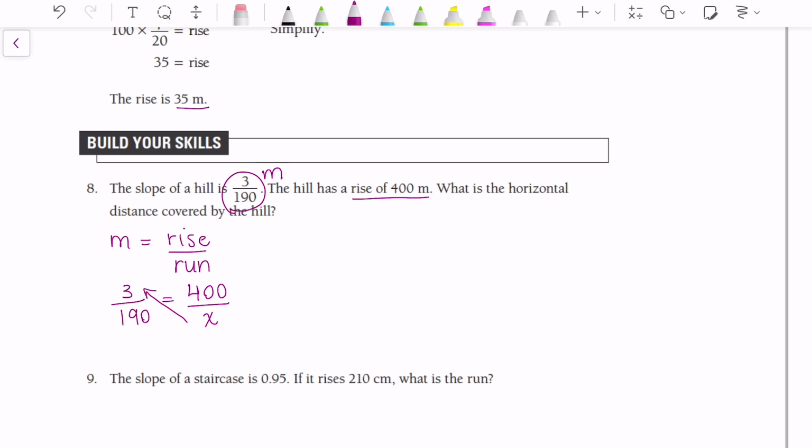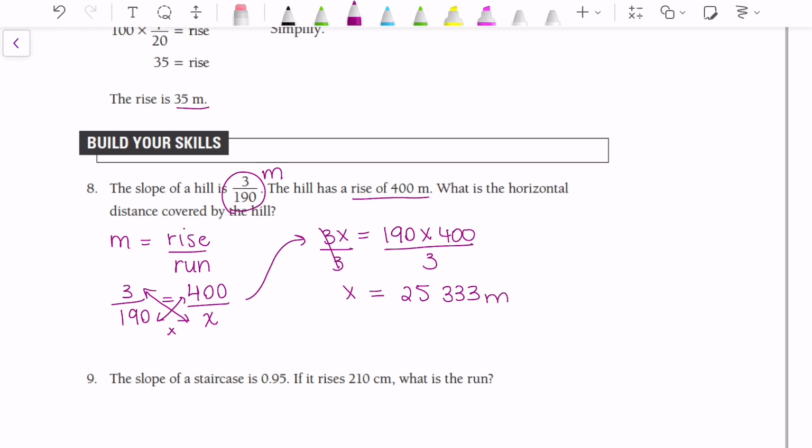And just like before, we're going to do a cross multiplication here. So that gives us 3x is equal to 190 times 400. And we're going to divide by 3 to cancel out that 3. x is then going to be equal to a very large number, 25,333 meters of horizontal distance.